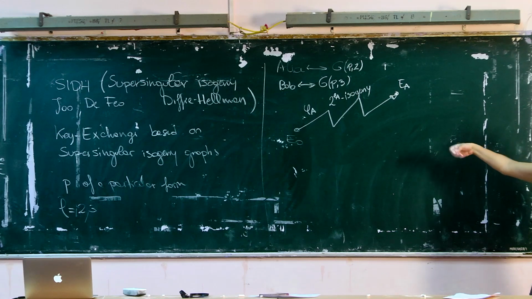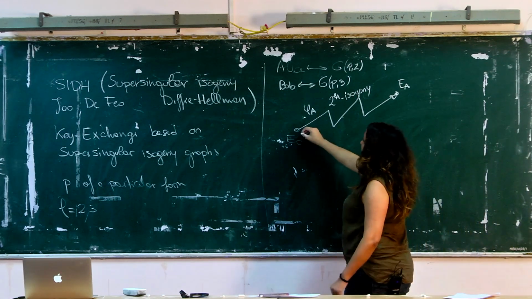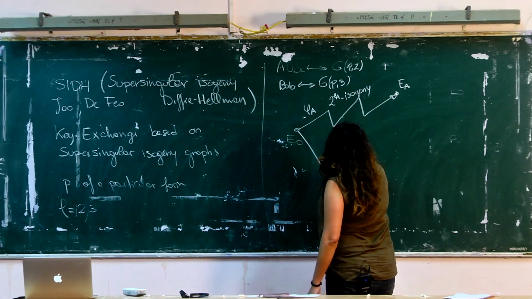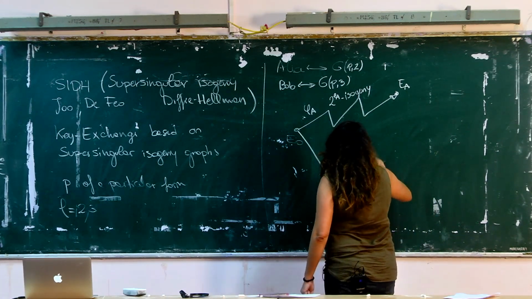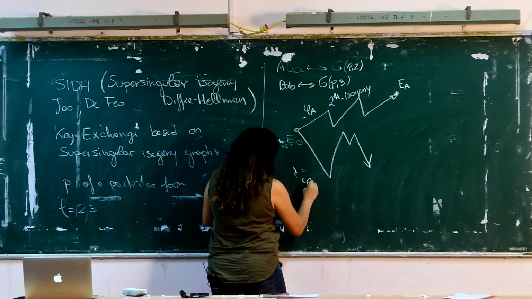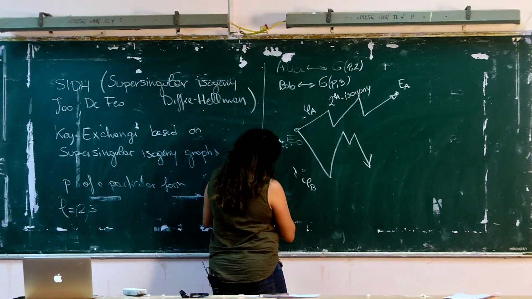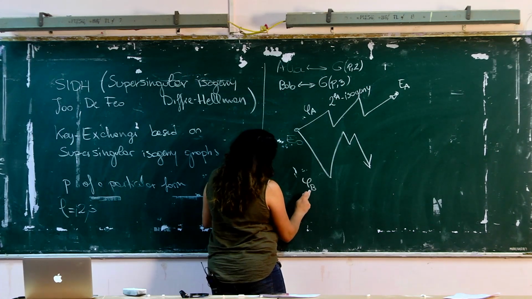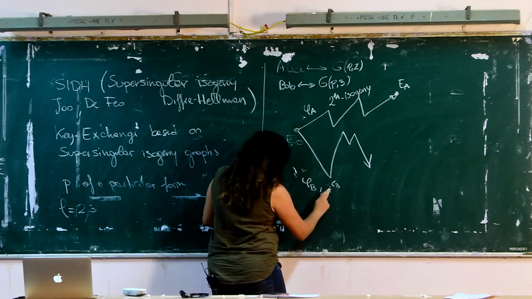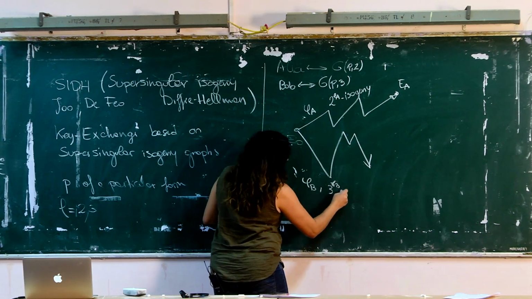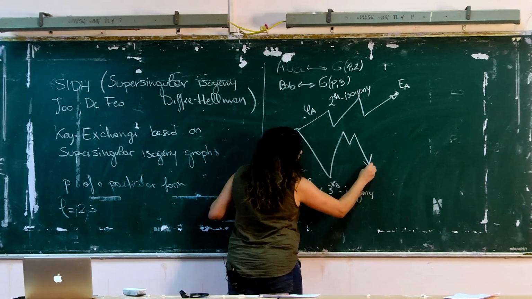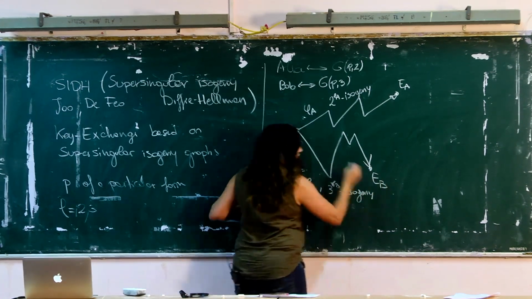And then Bob does the same thing, but now he works on the 3-isogeny graph. It means that he computes an isogeny phi_B of degree 3 to the e_B. So he arrives on some curve E_B.